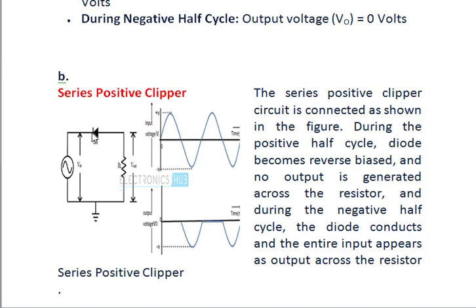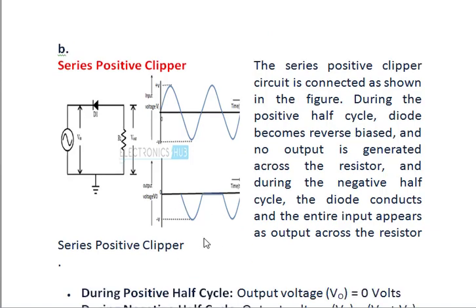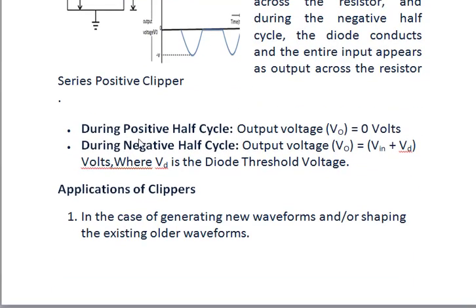So it allows the negative portion only, and it appears across the resistor, as shown in this diagram. While in the reverse bias, it completely cuts the waveform. Okay. Now, during the positive half cycle, output voltage is 0. During the negative half cycle, the V output is V in plus the diode voltage.